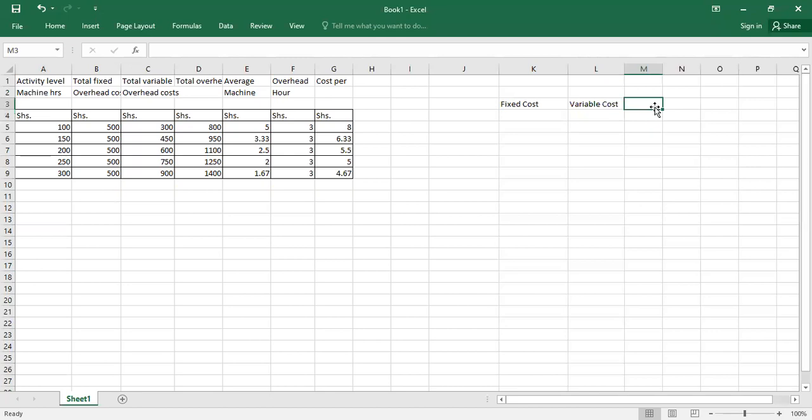So this will be my total cost. So we want to know what the cost was. We are starting with 150, isn't it? We've been asked to assume the actual activity as 150 machine hours, isn't it?